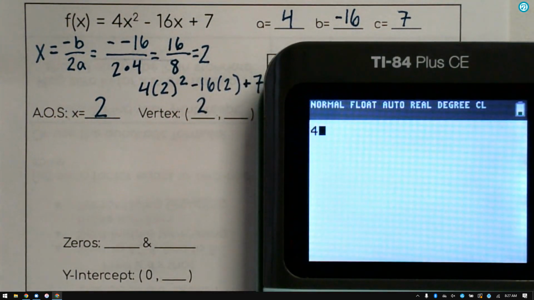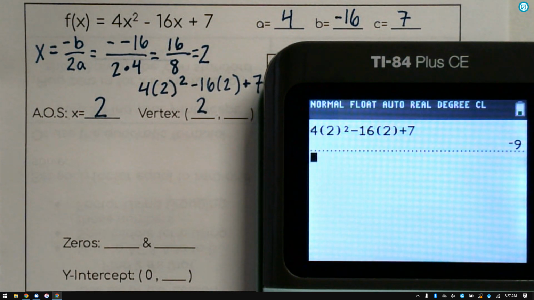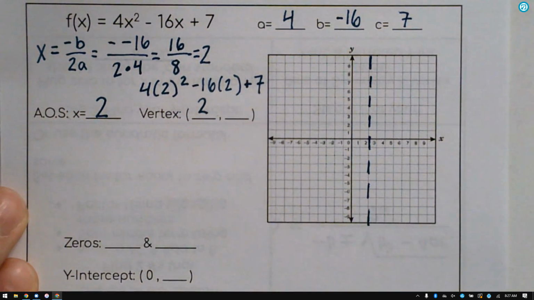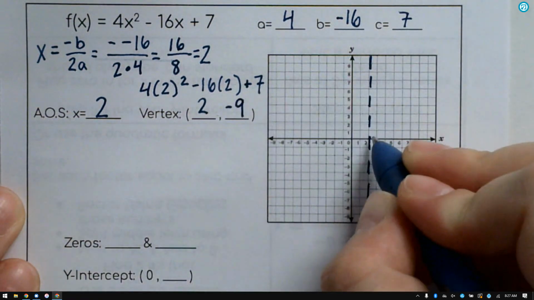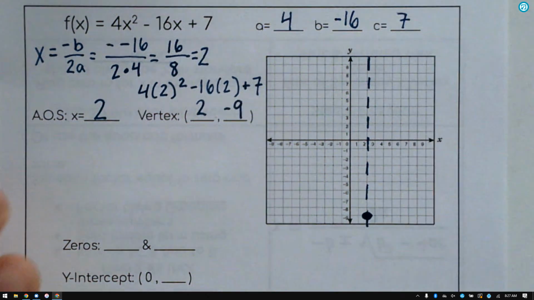We've got 4 times 2 squared minus 16 times 2 plus 7. And I get negative 9. Okay, so that means my vertex is at 2, negative 9. I can go and graph that. So I already have the 2. Come down here to negative 9, put a point.